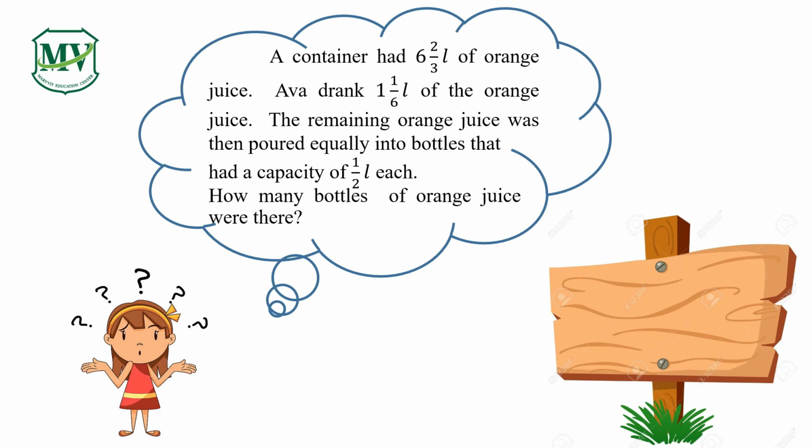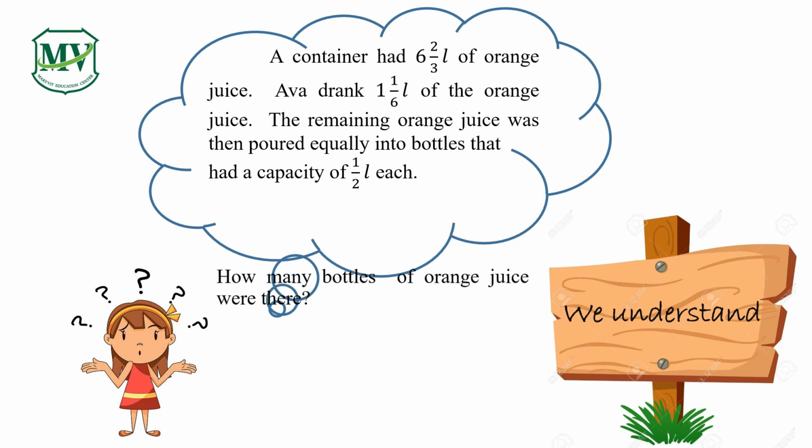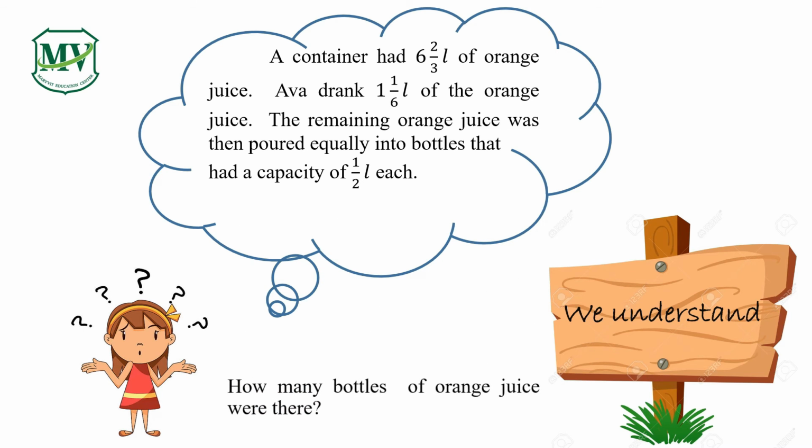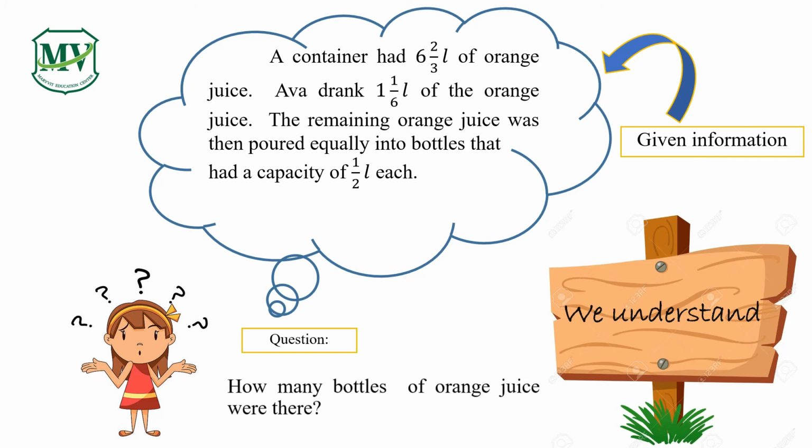How many bottles of orange juice were there? The first part is we understand. How many bottles of orange juice were there? This is our question. And the rest will be the given information.